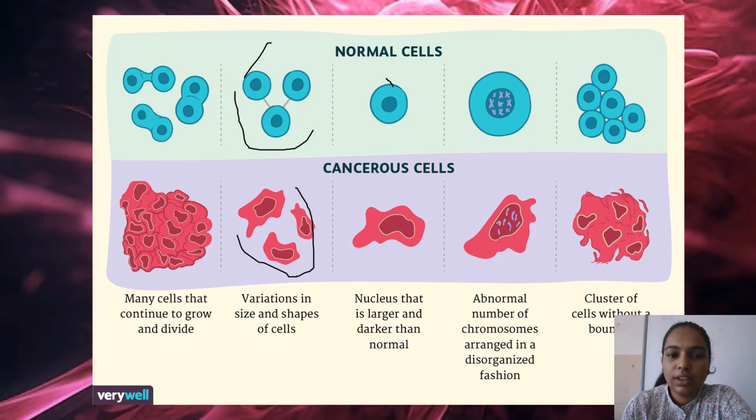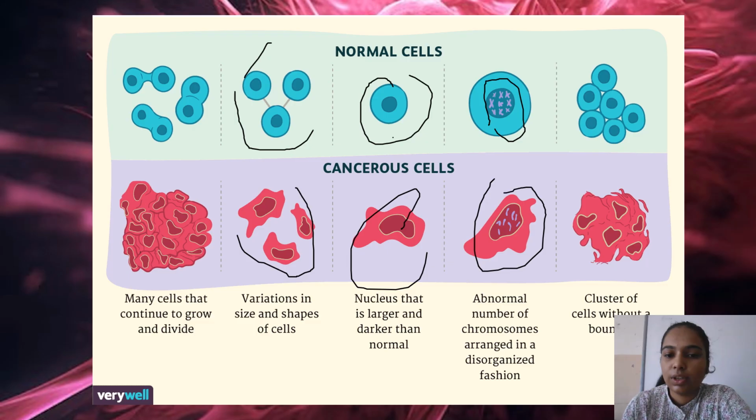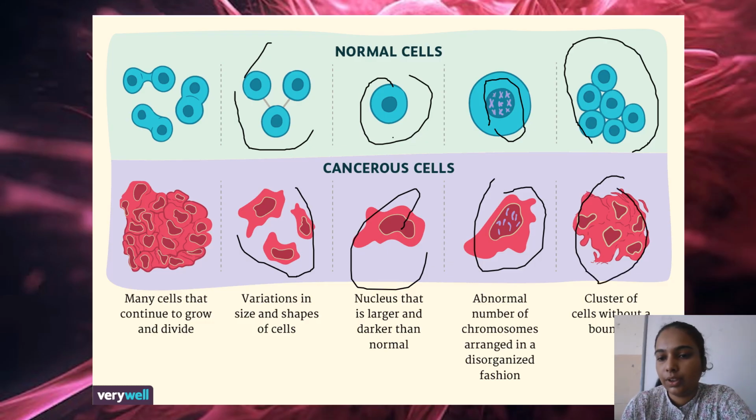Then this nucleus difference also occurs. This is a lighter nucleus and this is the darker nucleus as compared to the normal cell. The chromosome number here is normal, whereas in this case it becomes abnormal, and these cells cluster with boundaries, whereas these cancer cells do not have a boundary.